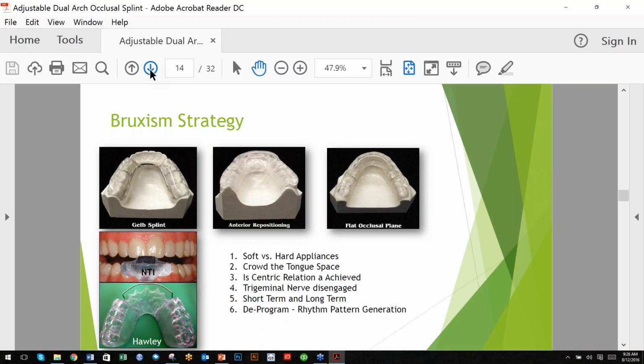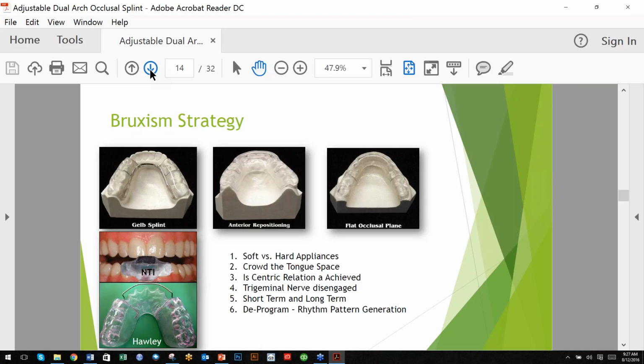Based on the airway that I've talked about, just take into account, am I going to crowd the tongue? If I suspect my patient might have an airway issue and I'm not going to take that on, I'm going to make them a guard and refer them out, just know that the tongue needs more space than probably the average person that doesn't have an airway issue.